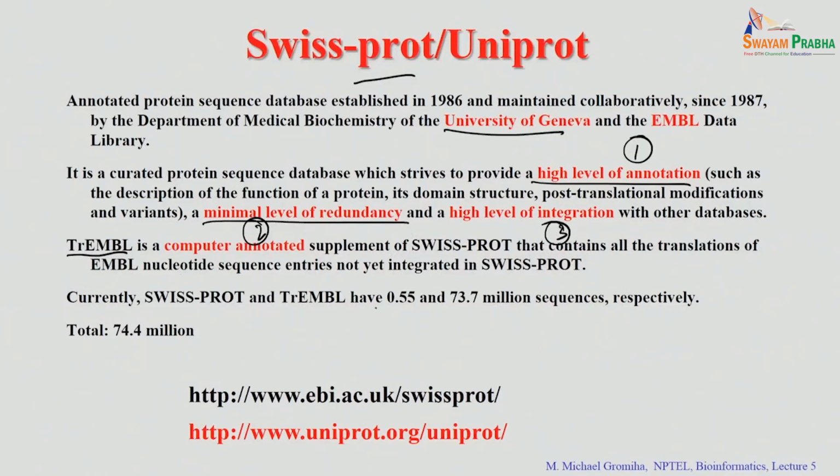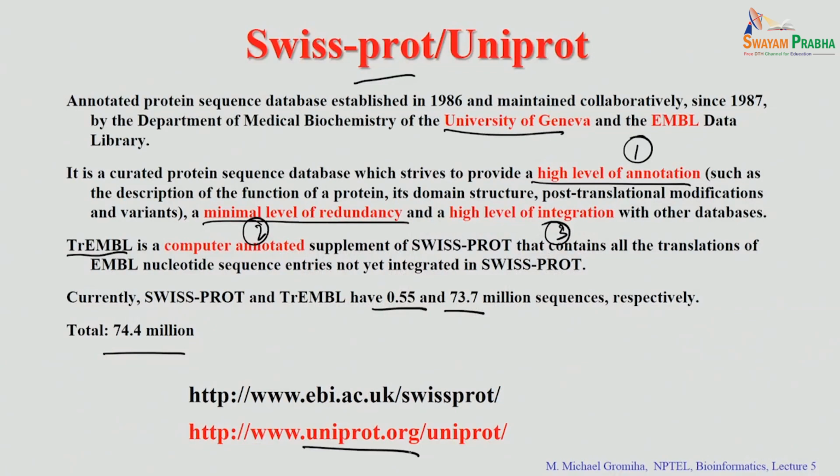In addition, they also provide the computer annotated sequences from the DNA sequences. If you see, the manually curated data is 0.55 million and the computer annotated sequences are 73.7 million, and totally we have about 75 million sequences. This is a good amount of protein sequence data.